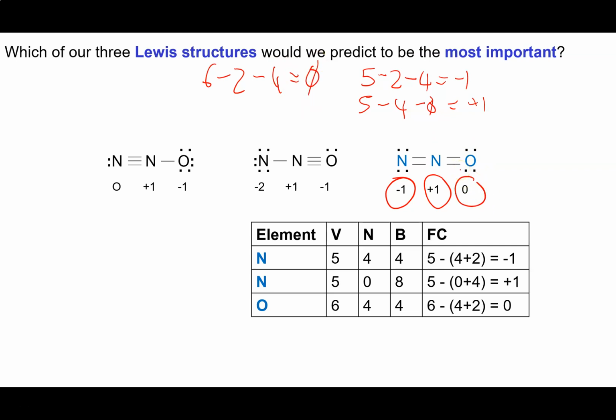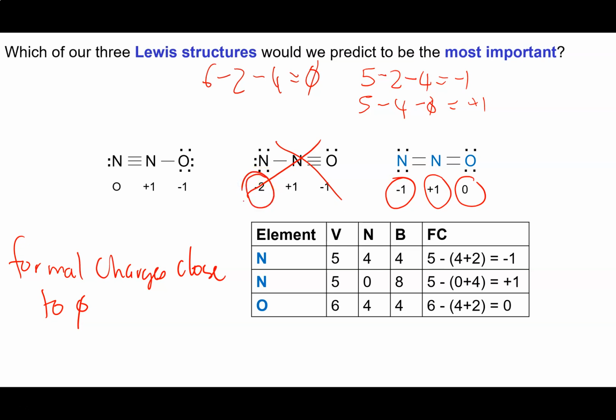All right, so what were our 2 rules? They were formal charges should be closest to 0. So we can get rid of this one because it doesn't have any that are near 0. It has this thing here with this big minus 2, so that's going to be a bad one. And then our next rule was that the most electronegative has to have the most negative formal charge.